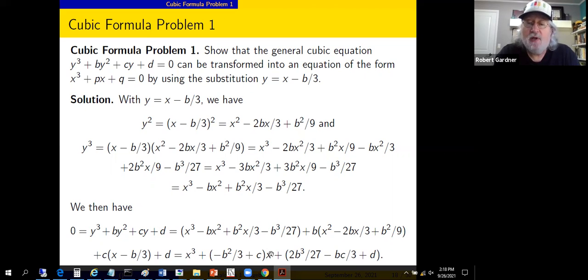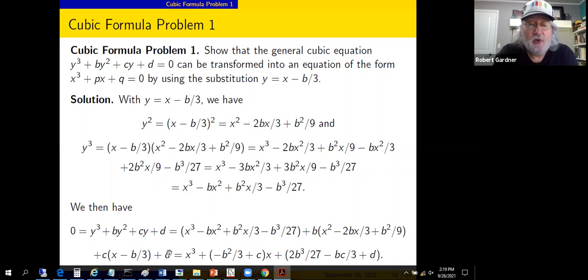Now for the constant terms, we've got this, negative b cubed over 27, b cubed over 9 when we distribute, and a c times negative b over 3, and then a d term. So constant term, constant term, constant term, constant term.